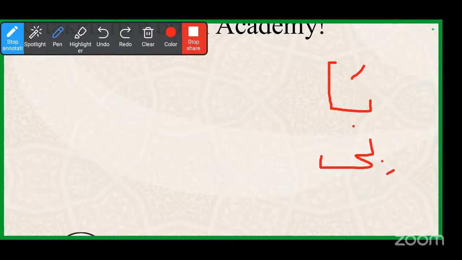Examples: ba, alif, fatha, ba. Ba, ya, kasra, bi. Ba, waw, dhamma, boo. Here the alif is called alif maddiya, the waw is called waw maddiya, and the ya is called ya maddiya.